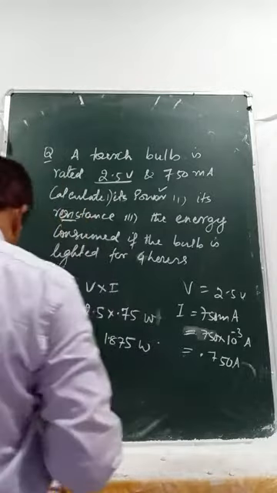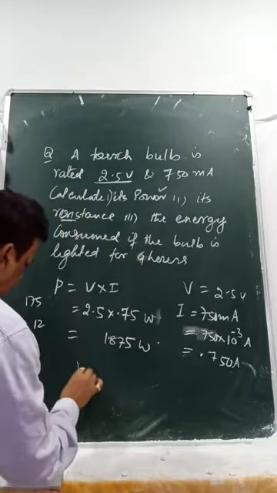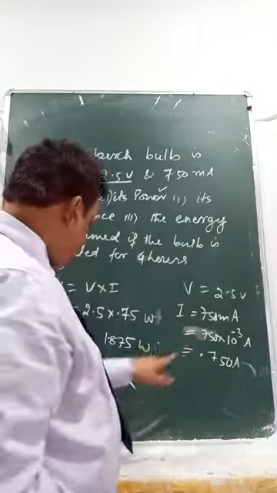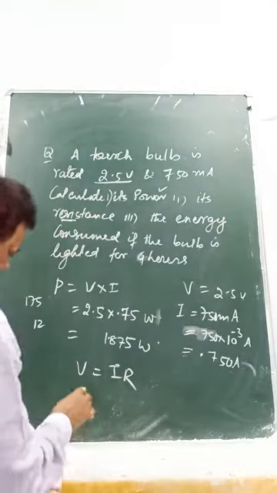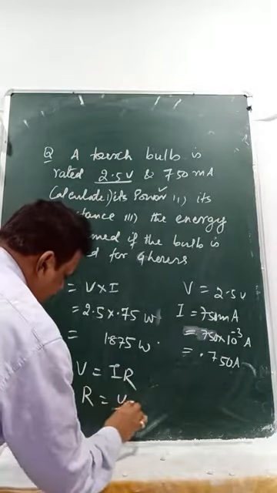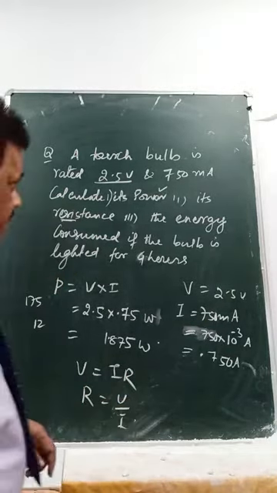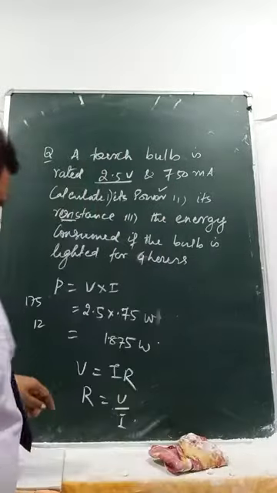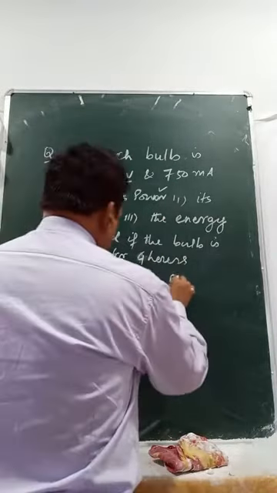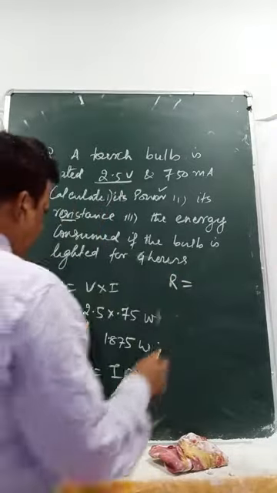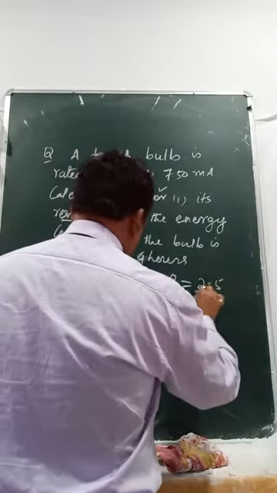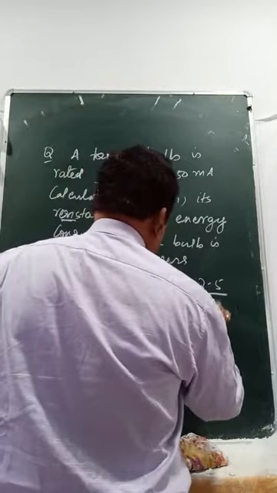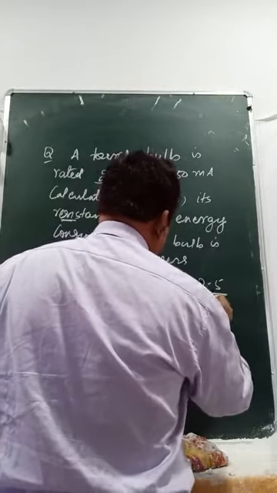Okay, calculate its resistance. The formula is V equals IR. So I is given, V is given, R you can find. R equals V by I. So R equals 2.5 divided by 0.75.